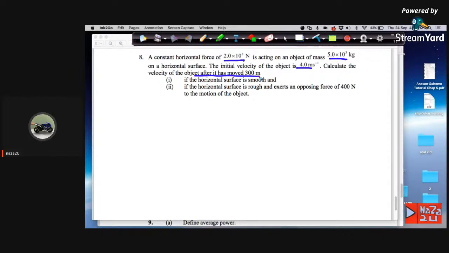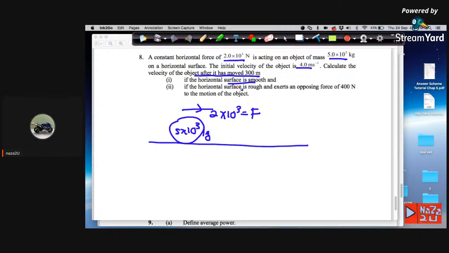So if the horizontal surface is smooth, so kita ada satu jasad, lepas tu force dikenakan ke atas satu jasad ini, 2 exponent 3, this is force in Newton, and the mass is 5 exponent 3 kilogram. Okay, dia kata horizontal surface is smooth, so meaning no friction, so friction tak ada.